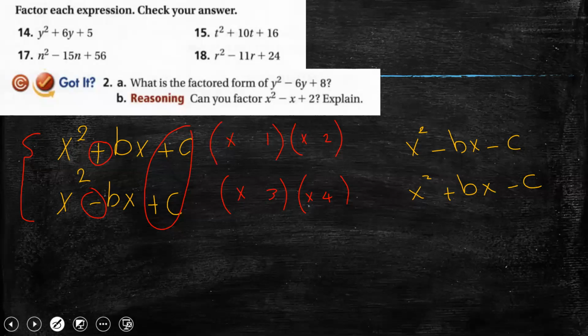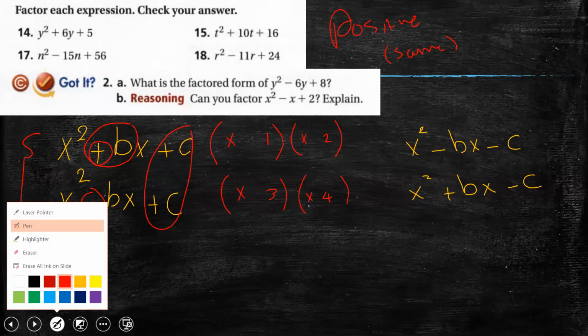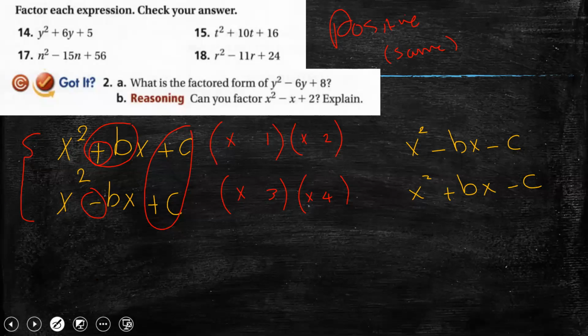Since the sign of c is positive, that means we have the same sign. Which sign should I write as the same? I will look at b. What is the sign of b here? Positive. Plus. Plus. I told you same. Same plus here and here.